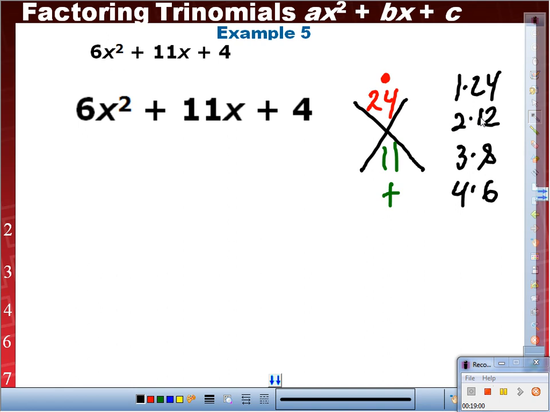One times 24, 2 times 12, 3 times 8, 4 times 6. Which one of those adds up to 11?